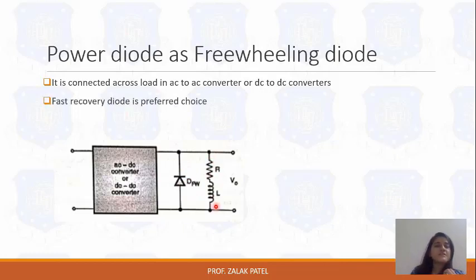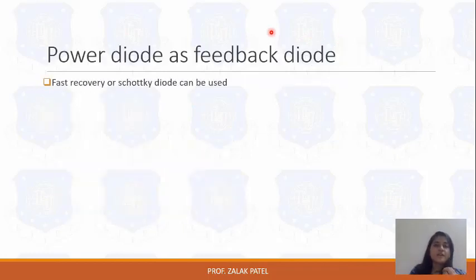For this purpose the fast recovery diode, which has a very short turn off time, is generally preferred. Load should be inductive, so here you can see that the load has an inductor part. Whenever we use the freewheeling diode, we take care that the load should be inductive.